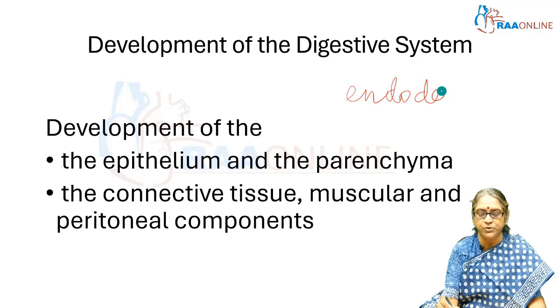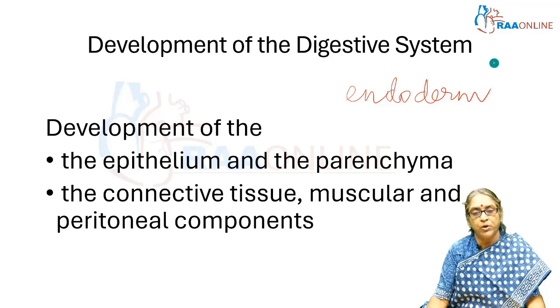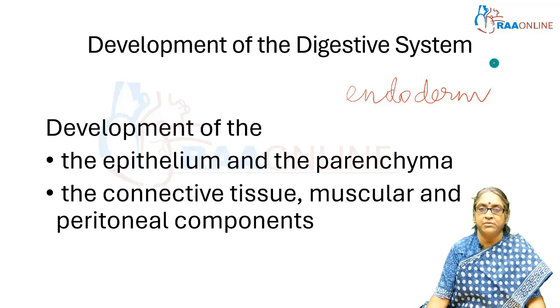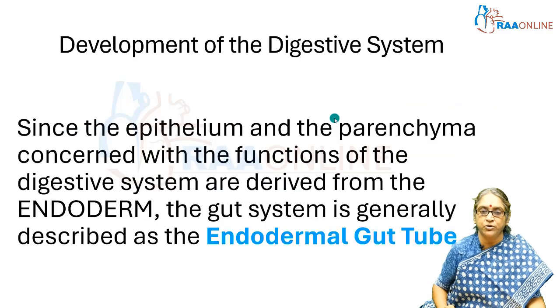Why do we say so? We know the epithelium and the parenchyma. In other words, the functional parts of the digestive system develop from the endoderm. Of course, when we talk about the digestive system, we should also talk about the connective tissue, the muscular components and the peritoneal components.